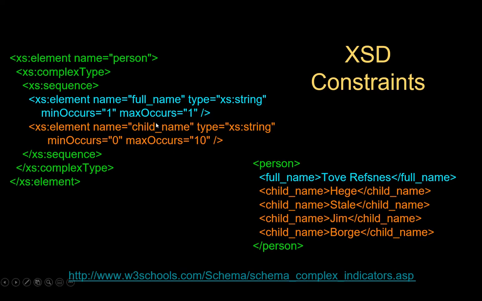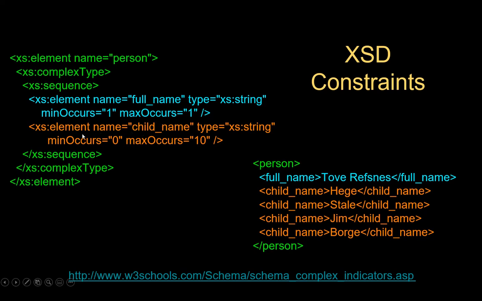And the max occur is also one. So we cannot have more than one name here. This is the full name, which is going to be Tav Refsnes, and again, it has to be one, and it should not exceed one. So min occur one, max occur one also.